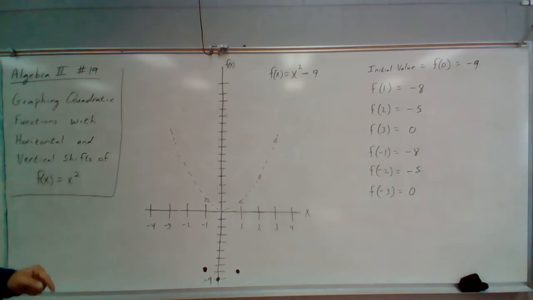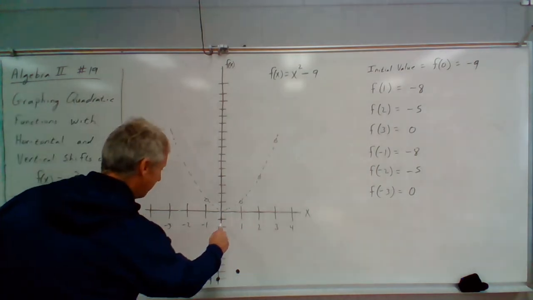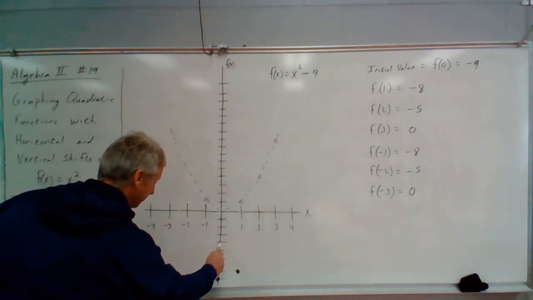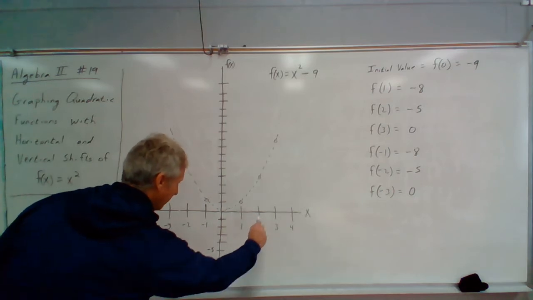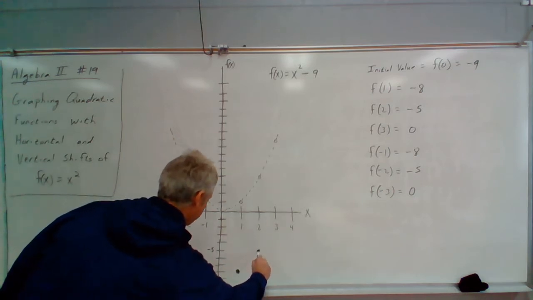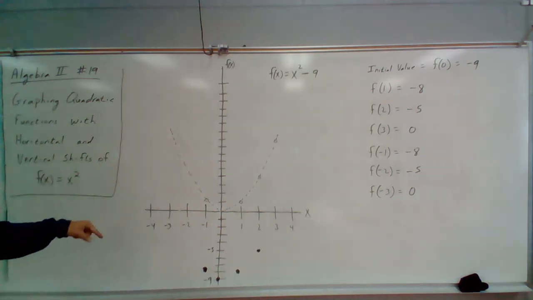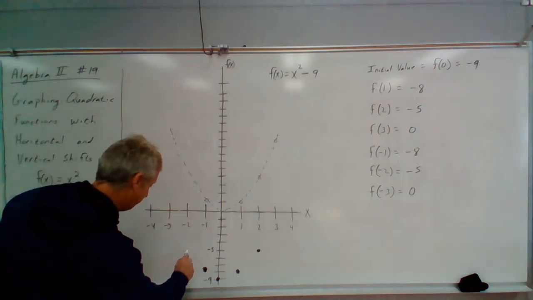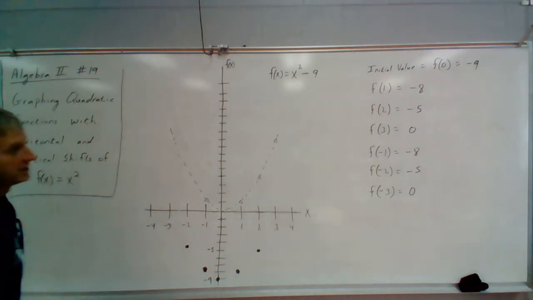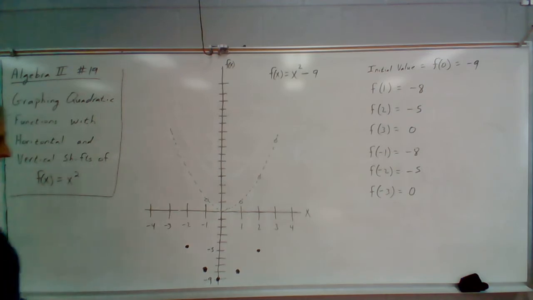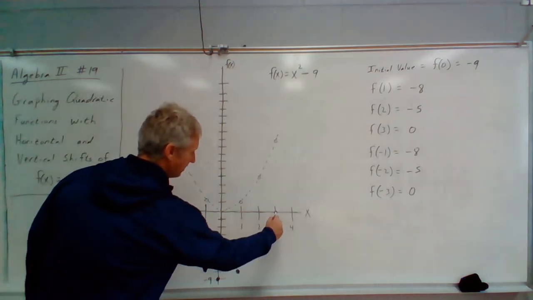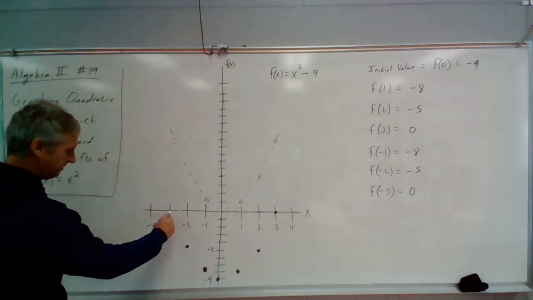If I plug in a 2, I get a negative 5. Plug in a 2, get negative 5. If I plug in a negative 2, I get a negative 5. If I plug in a 3, I get a 0. If I plug in negative 3, I get a 0.